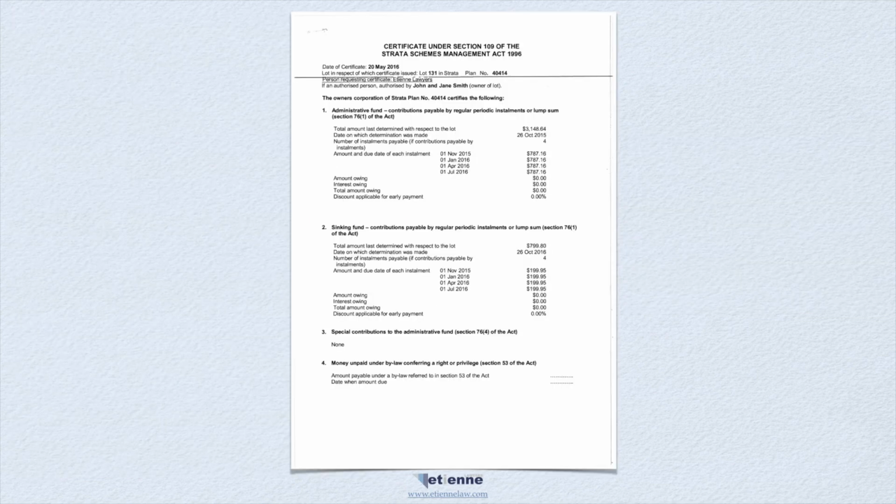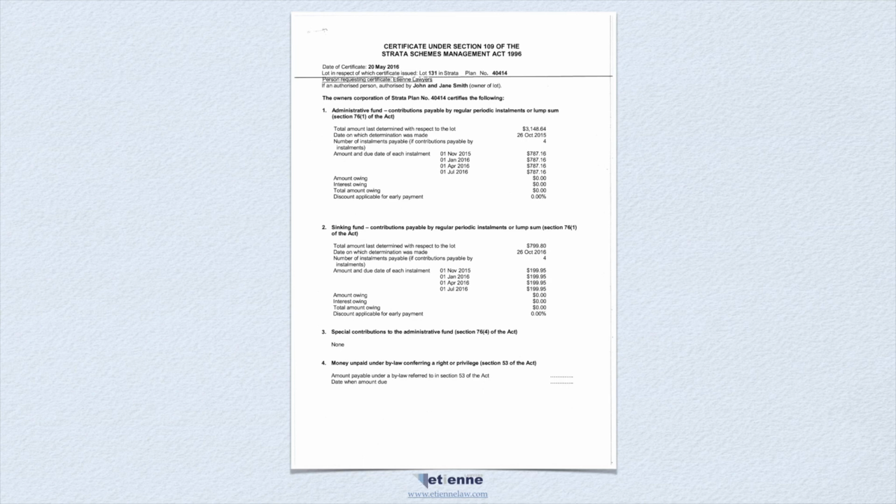We follow the same procedure for strata levies as for council and water rates. In the example, you will see the rates are for a 12-month period. At the time the certificate was issued, it was issued under Section 109. These certificates are now known as Section 184 certificates, although the information in them is the same.